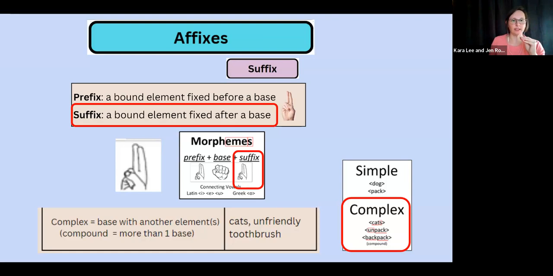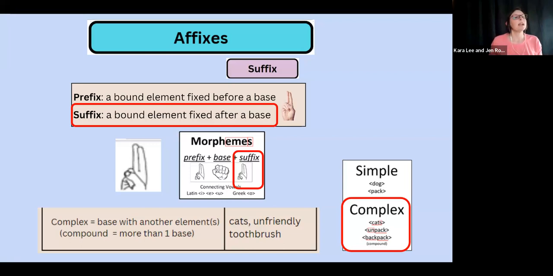That is exactly correct. So another type of written morpheme, or element, are affixes. We had bases, and the other type of morpheme, when it's written down, are called affixes. Specifically today, we're going to talk about suffixes.